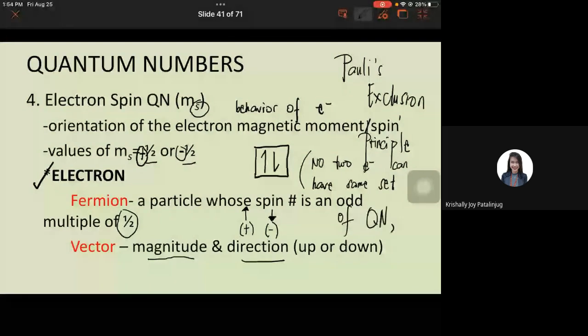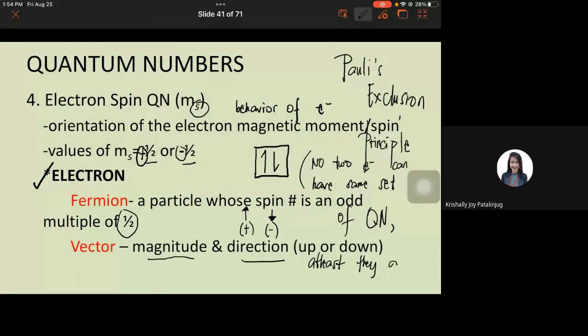At least they differ on spin. So they may have the same principal, azimuthal, or magnetic quantum number, but when it comes to electron spin, no two electrons can have the same spin. They should have different orientations of spin when they occupy a particular orbital.